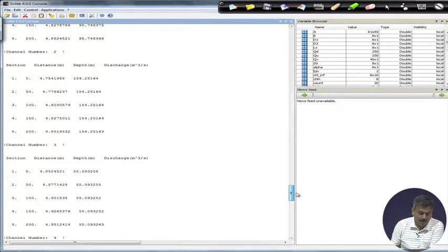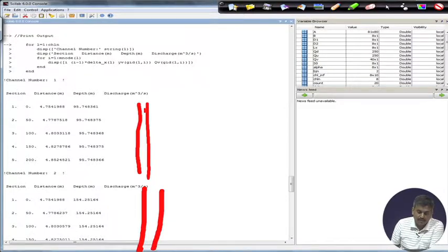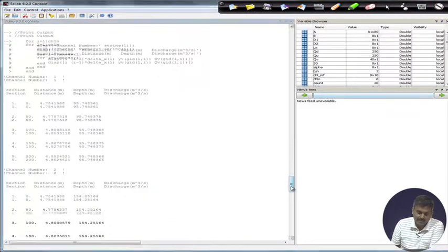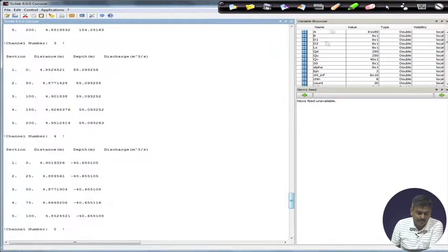So, for other channel reaches, channel reach number 1, channel reach number 2, we are getting positive values, because we have not changed the direction of flow in these cases. We have changed only the direction of flow for 4 and 5.